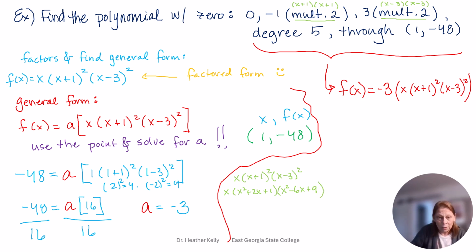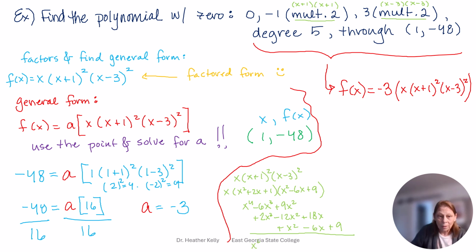Now let me multiply these two guys together. So I have x to the 4th minus 6x cubed plus 9x squared plus 2x cubed minus 12x squared plus 18x plus x squared minus 6x plus 9.